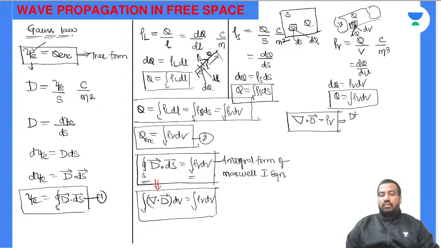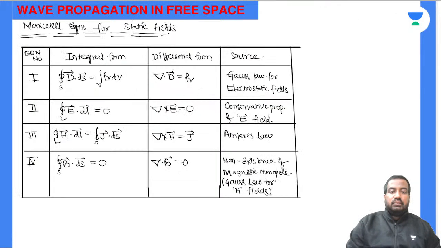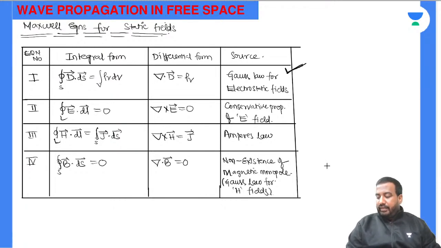This is called the differential form of Maxwell's first equation. This is Gauss law for electrostatics. Clear, everyone?